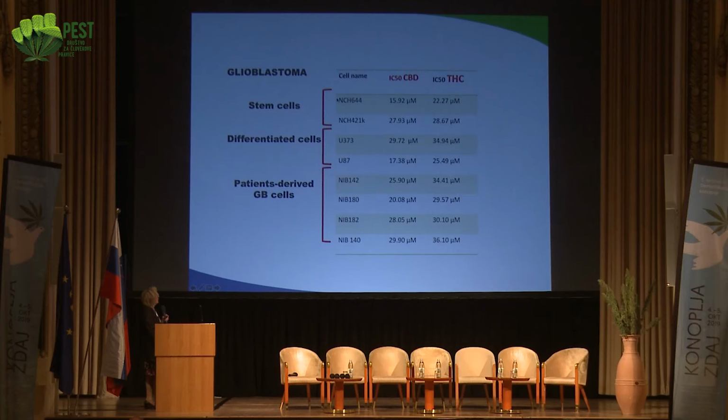Then we will try different combinations, hoping to get some synergy at a particular ratio. In clinics, as you heard from Professor Velasco yesterday, they are mostly using preparations of about a 1-to-1 ratio of THC and CBD. However, we don't know if this is really optimal for a certain patient. So this is our plan now.